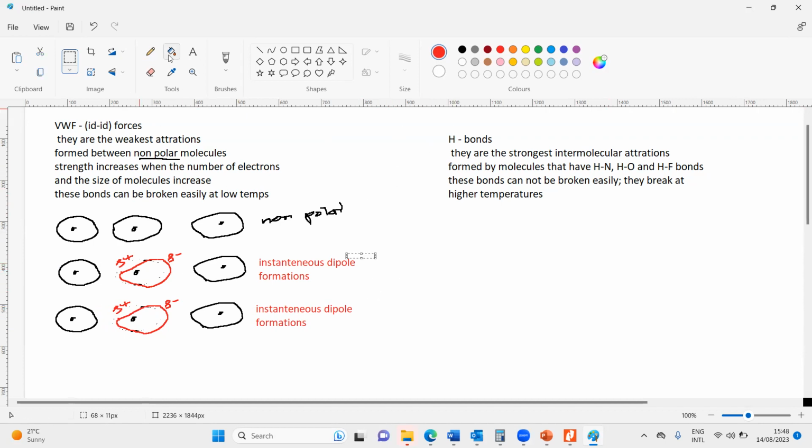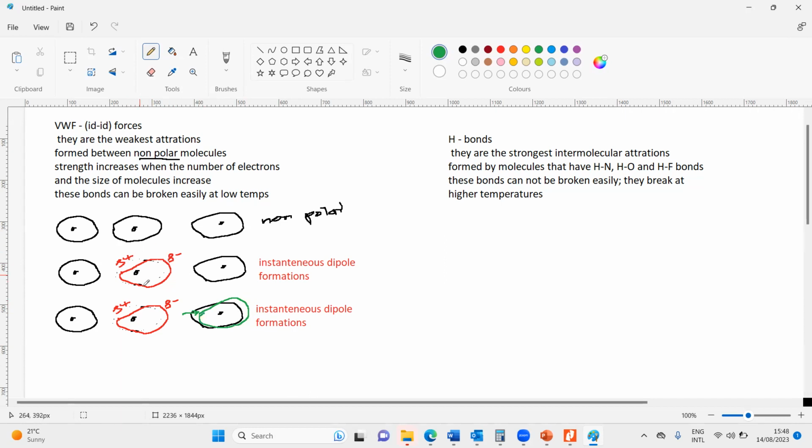Because electron density is higher in that area. As it happens, the electron density on the left-hand side of the right-hand side molecule gets pushed a bit towards the right-hand side. It means its electron concentration gets distorted in this manner.